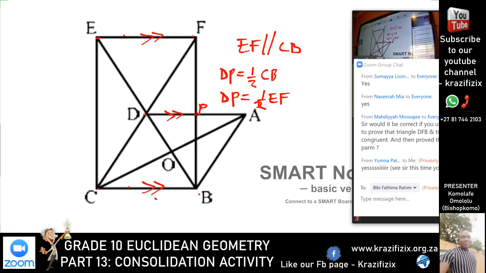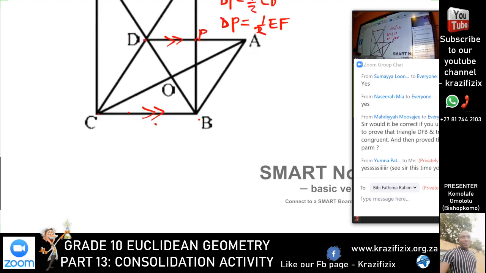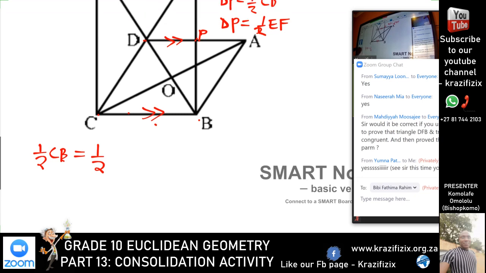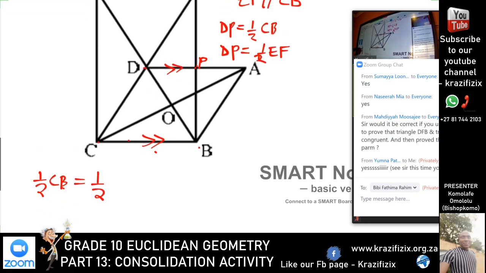Can we equate the two because both of them are equal to DP? Can I then say that half CB would be equal to half EF?